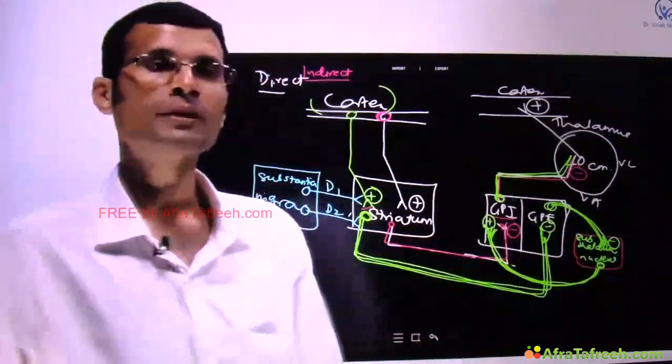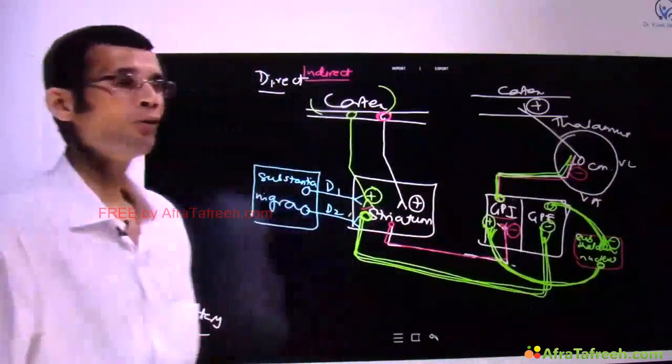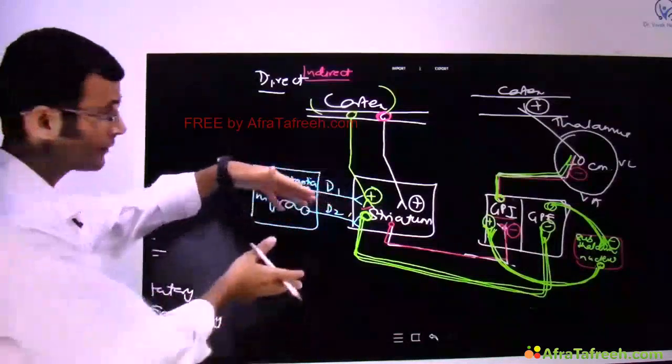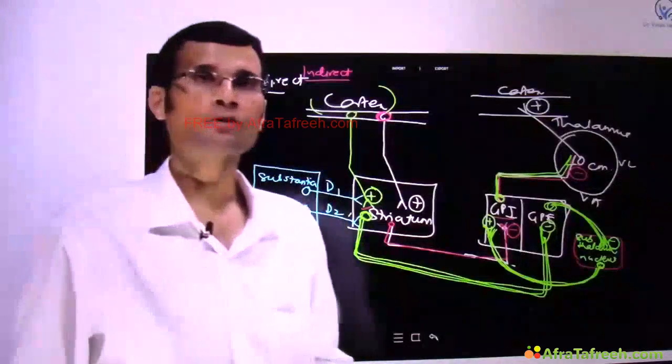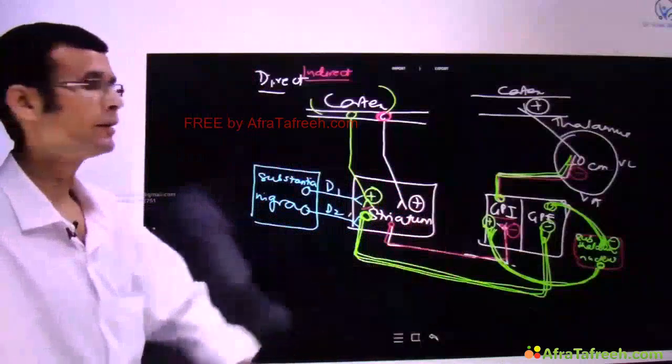There are 5 dopamine receptors, D1, D2, D3, D4, D5, out of which we are concerned with 2. D2 mediates the inhibitory effects of dopamine and D1 mediates the excitatory effects of dopamine.